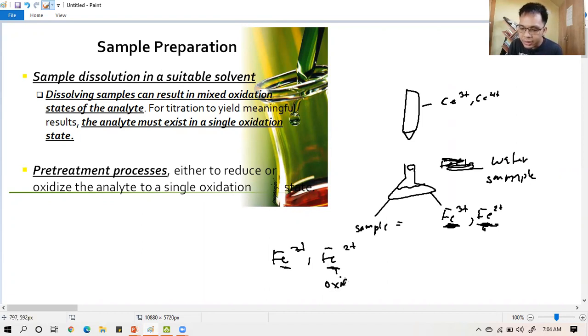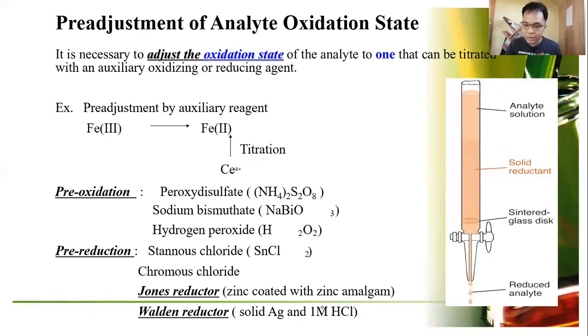Gagamit ka ngayon ng oxidant or pwede ka magkakaroon ng process ng pre-oxidation process. So, ano ba yung nangyayari doon? Peroxydisulfate, sodium bismutate, hydrogen peroxide. But the point here, guys, kailangan ninyo, only one oxidation state of the analyte lamang ang present bago kayo mag-analyze. So, that's the sample preparation.